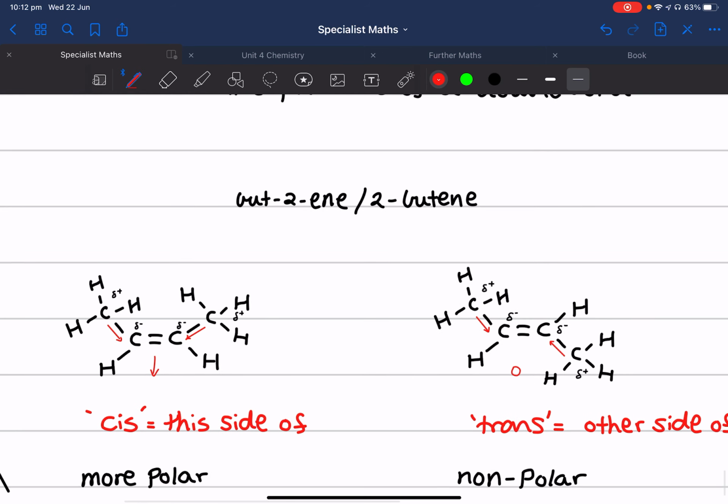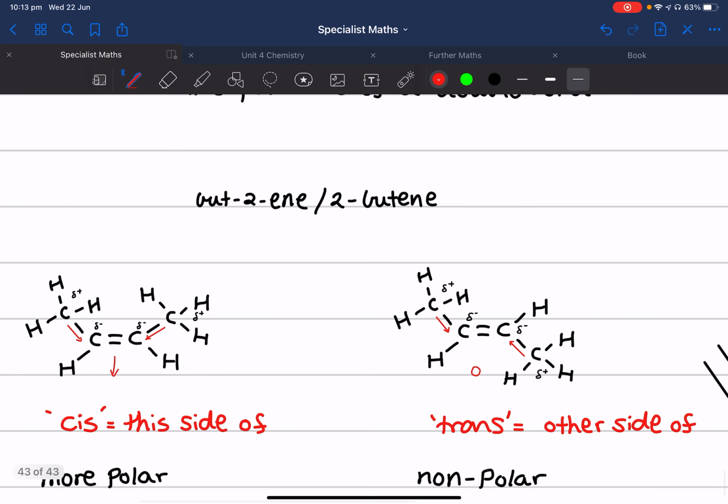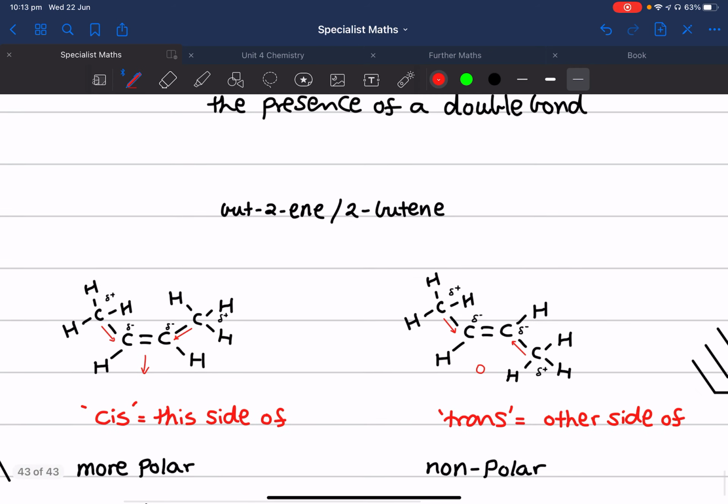But obviously, having said that, forget what I've just said, because Briscoe obviously doesn't want you to overthink these things. Just remember that, using butene as an example, the trans isomer tends to be non-polar, whereas the cis isomer is a bit more polar.